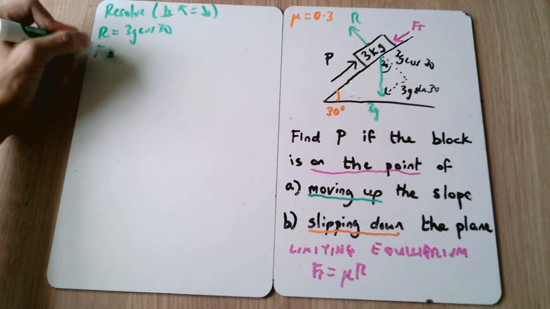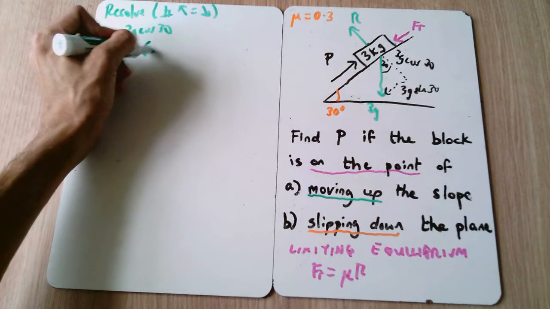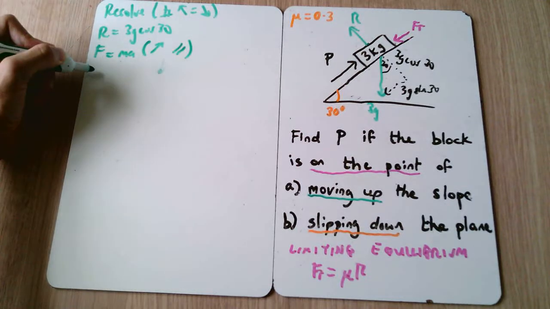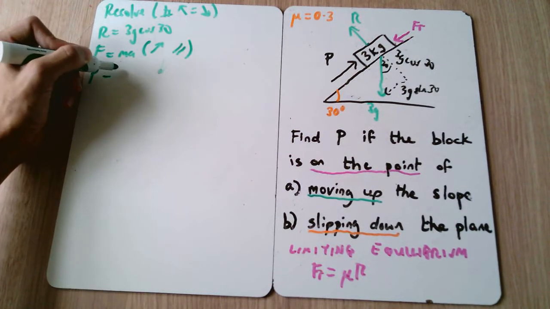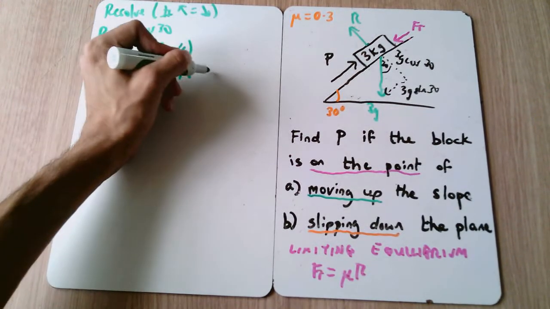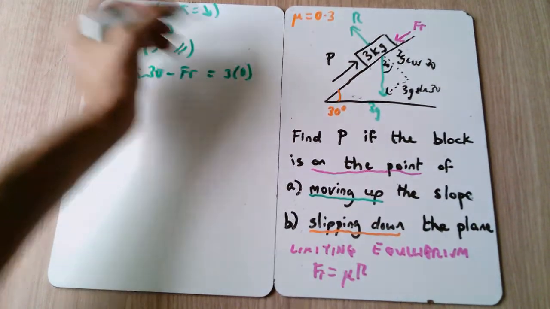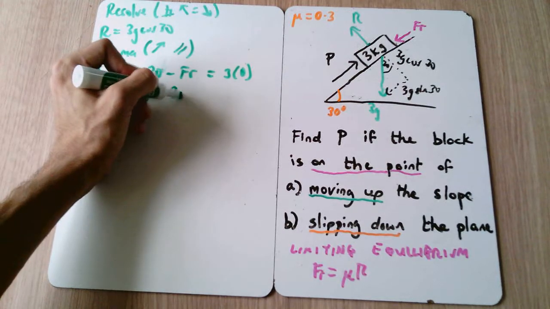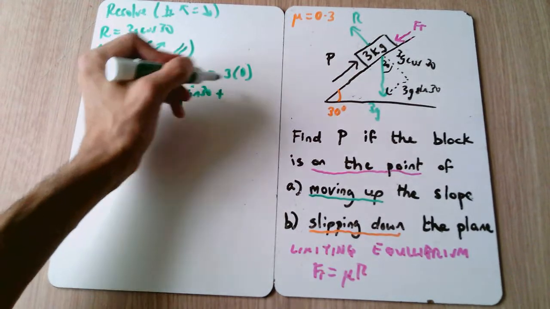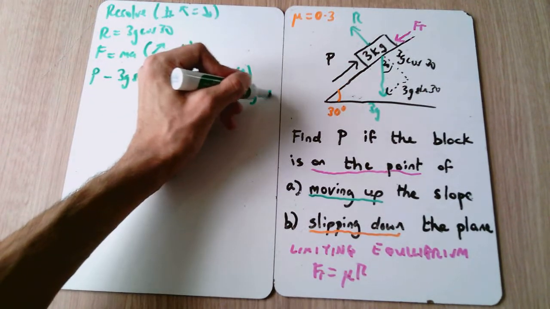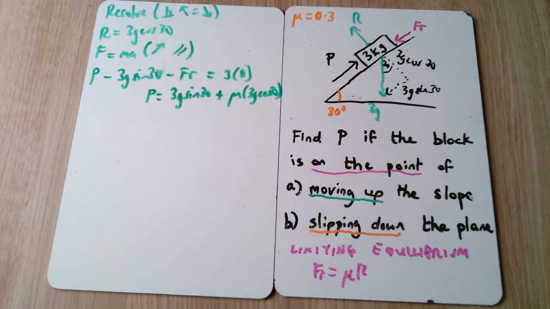So if we apply F equals ma up the slope, in the parallel direction, we can say that P minus 3g sin 30 minus friction is equal to 3 times 0, or just 0, which means that P is equal to 3g sin 30 plus mu times R, 3g cos 30. Because in this case friction is equal to mu R, because we are in limiting equilibrium.